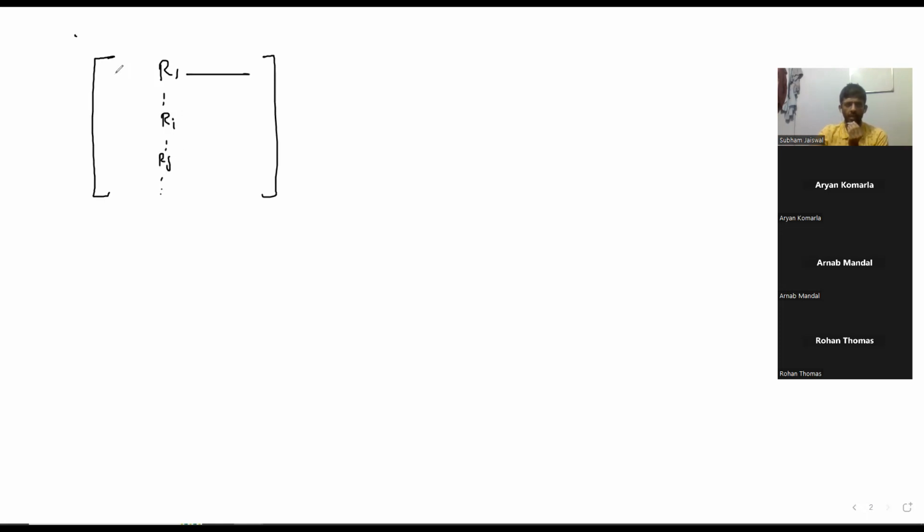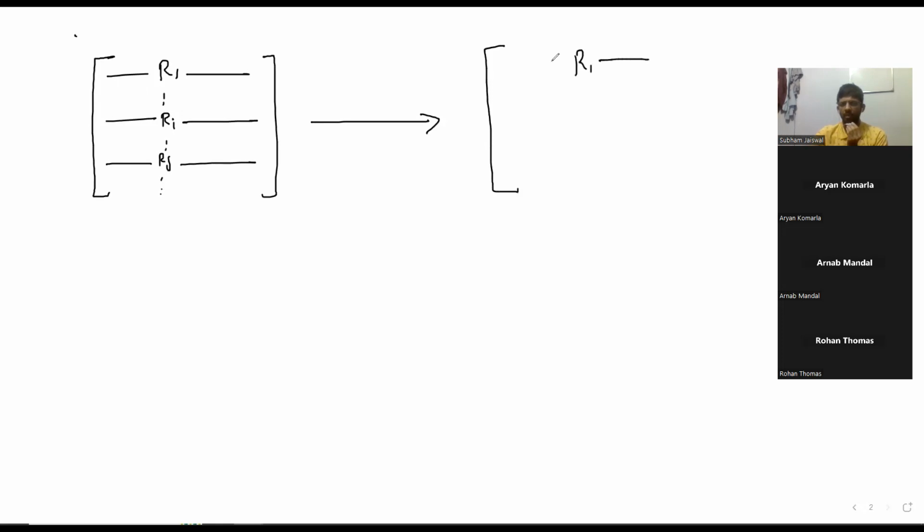I'm trying to write it very abstractly. And let's say I go from here to, we will do some examples, I think that will be good, Ri plus C times Rj. Okay. And nothing else I'm changing.